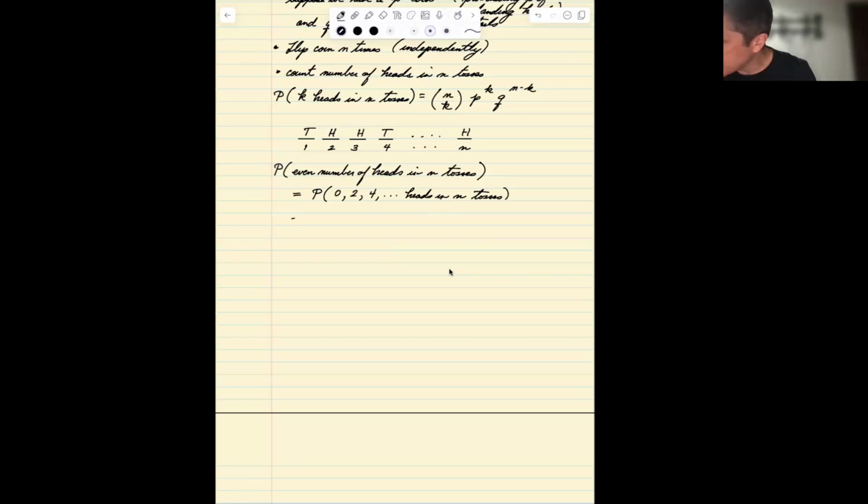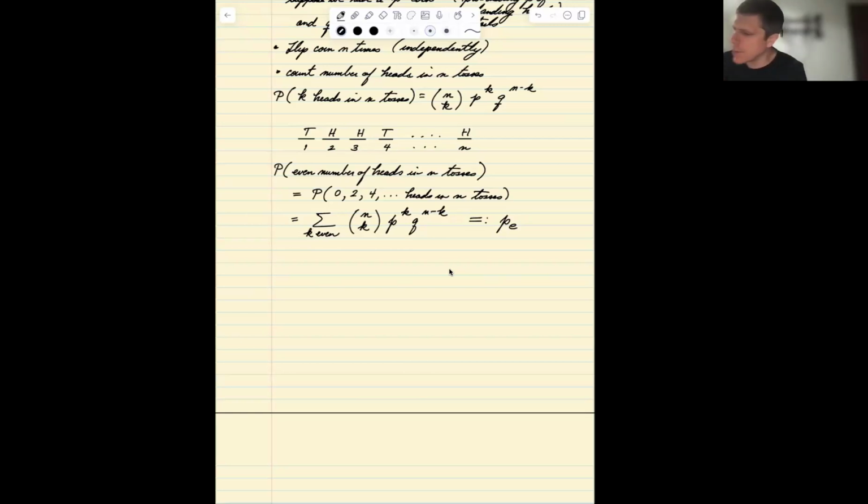Those are mutually exclusive, and we know the probability of each one, which we calculated up above. So it's really just the sum over all even values of k of n choose k, p to the k, q to the n minus k. Let's define that as p sub e, the probability of an even number of heads.